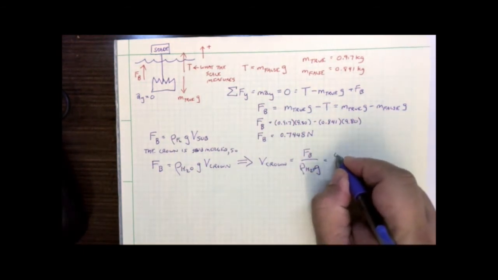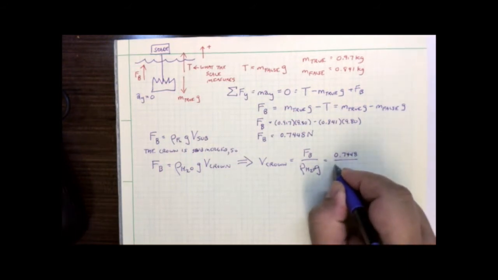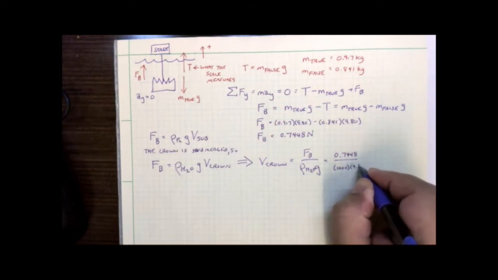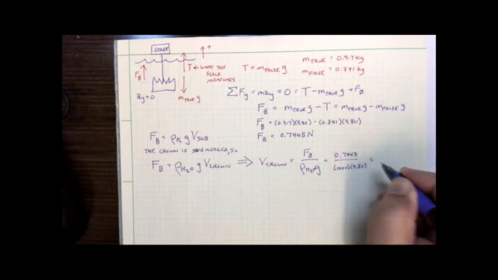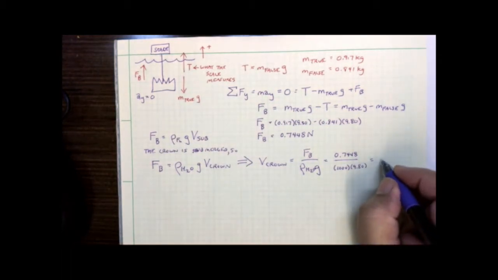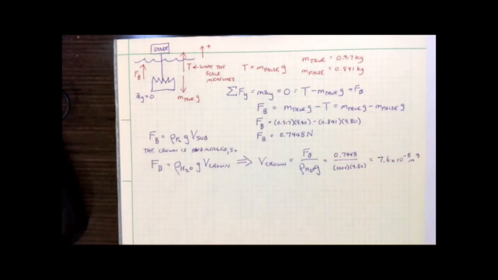That's going to be 0.7448 divided by 1,000, the density of pure water, times 9.80. That gives us a volume for the crown of 7.6 times 10 to the minus 5 cubic meters.